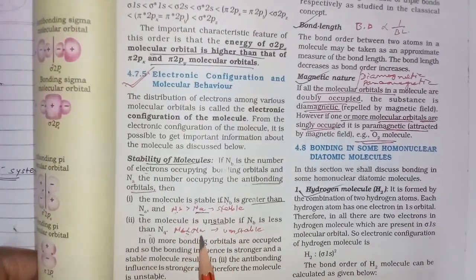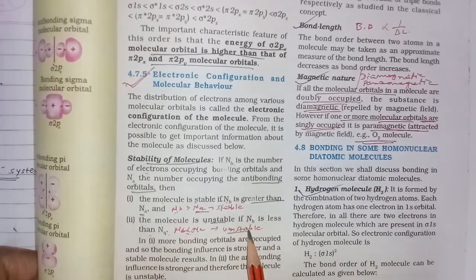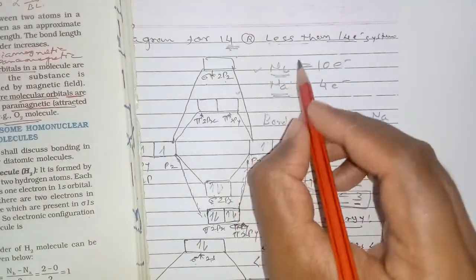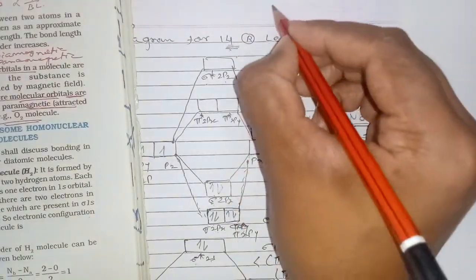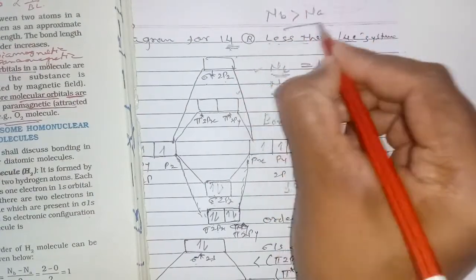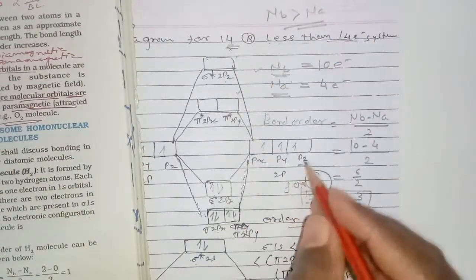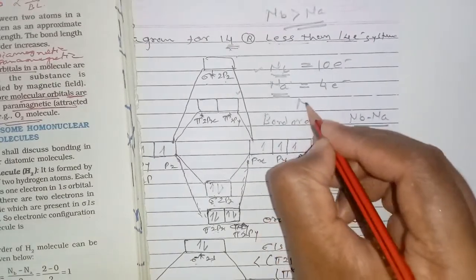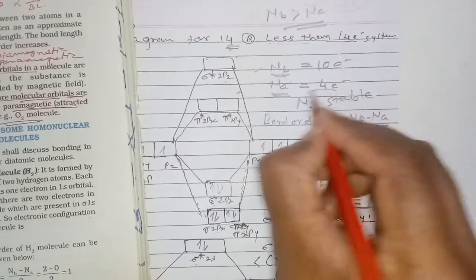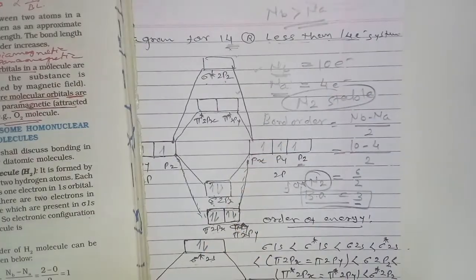If Nb is less than Na, it is an unstable molecule. Here Nb is greater than Na, and that's why the nitrogen molecule is stable.